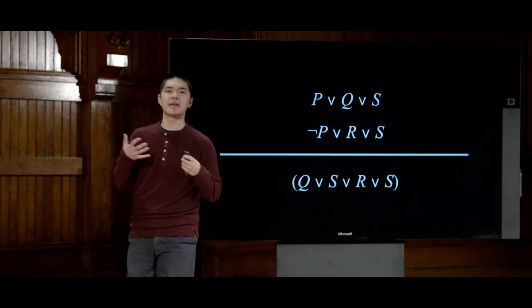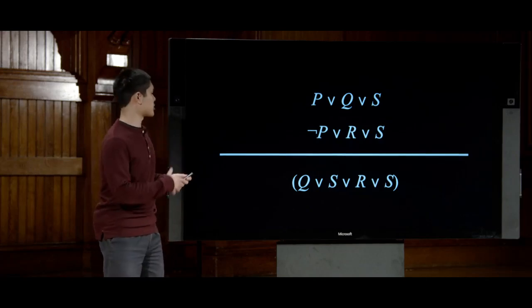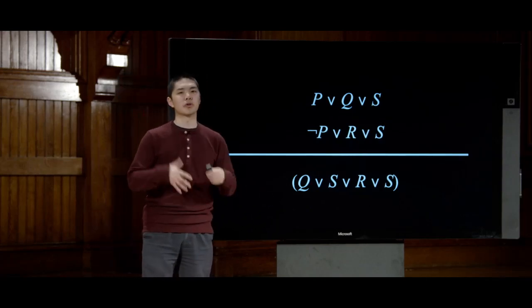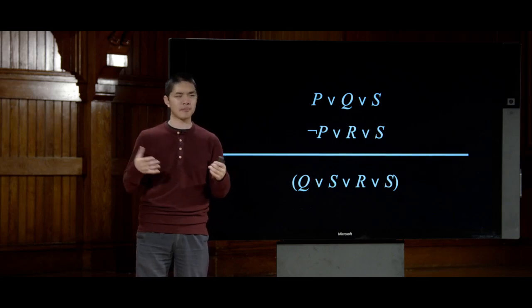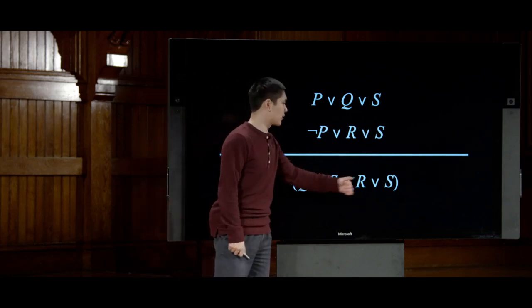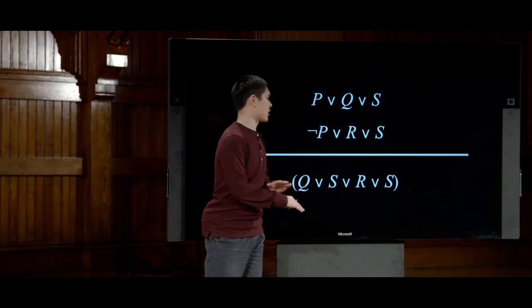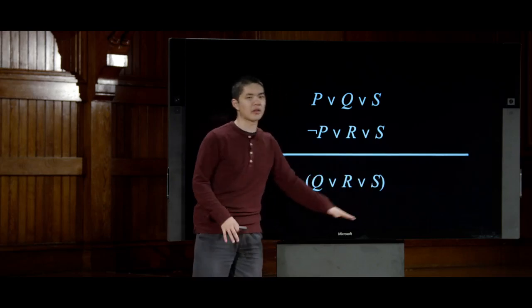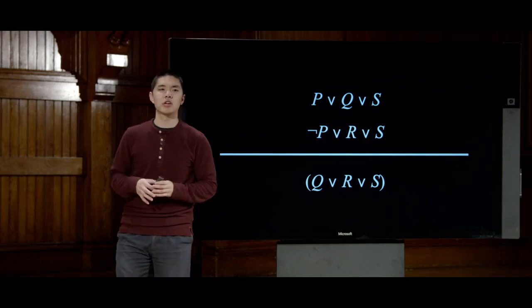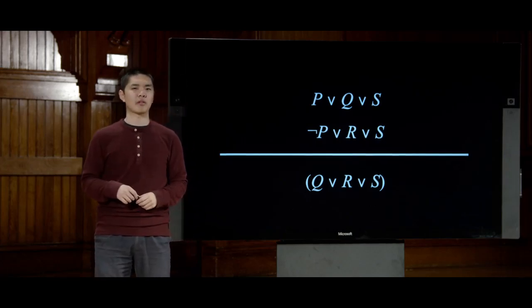It doesn't change the meaning of the sentence. So in resolution, when we do this resolution process, we'll usually also do a process known as factoring, where we take any duplicate variables that show up and just eliminate them. So Q or S or R or S just becomes Q or R or S. The S only needs to appear once, no need to include it multiple times.